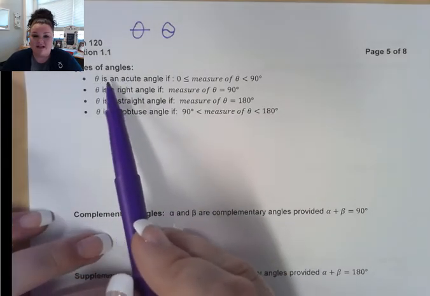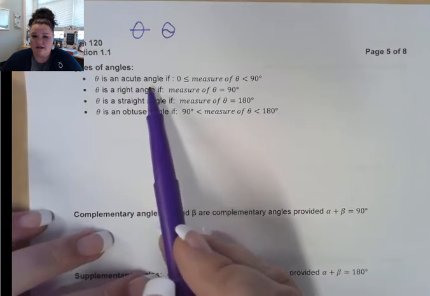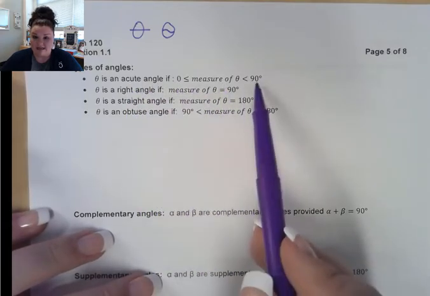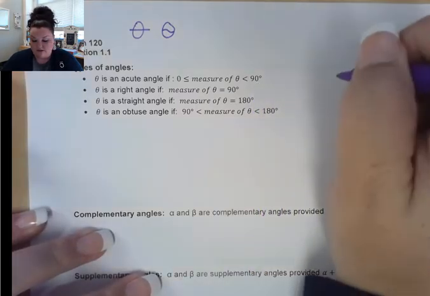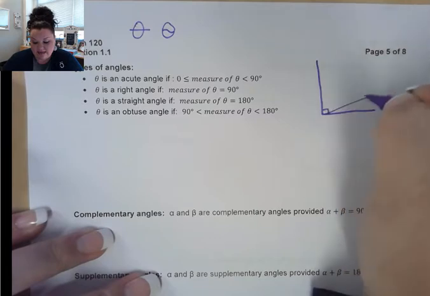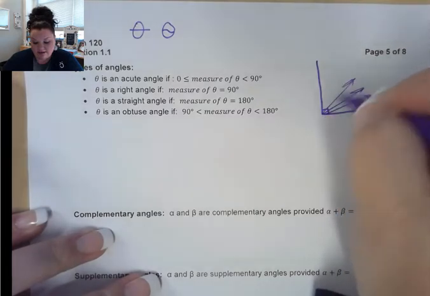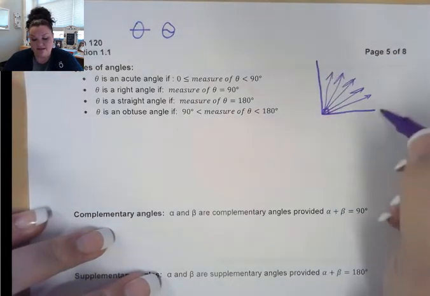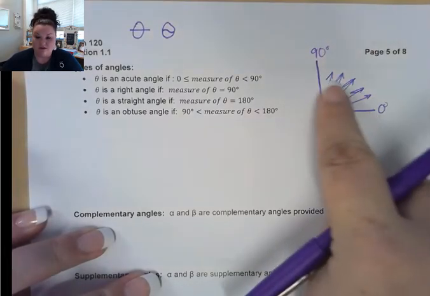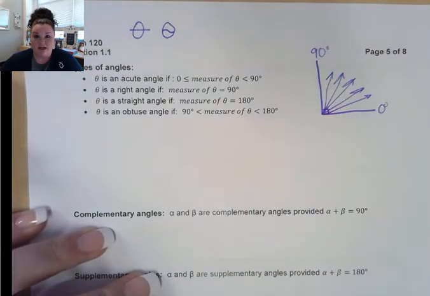So theta is an acute angle if the measure of theta falls between 0 and 90 degrees, right? So if we have a 90-degree angle, any of these angles that are in here, anything between 0 degrees and 90 degrees, these are all considered to be acute angles.